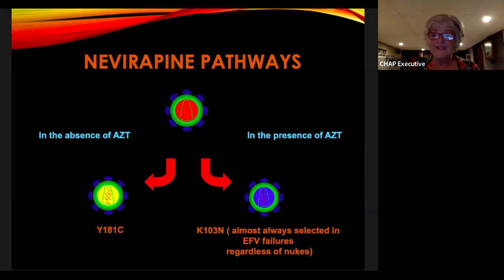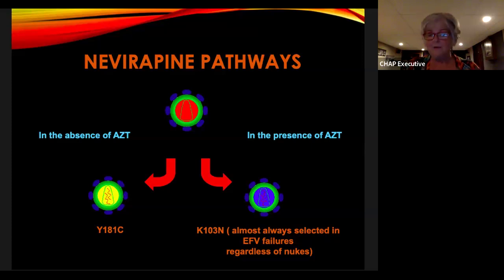But the fact that we see the K103N with our patient who was also taking a thymidine analog would suggest that resistant populations had already started to develop in this particular person. And the thymidine analogs may have already been there. And K103N in the presence of a thymidine analog is the most likely pathway for nevirapine resistance to go down. So if we use nevirapine with D4T and DDI, or we use nevirapine with Combivir, and it was not suppressive enough and the patient's viral load broke through, you could predict the K103N mutation more so than the Y181C.